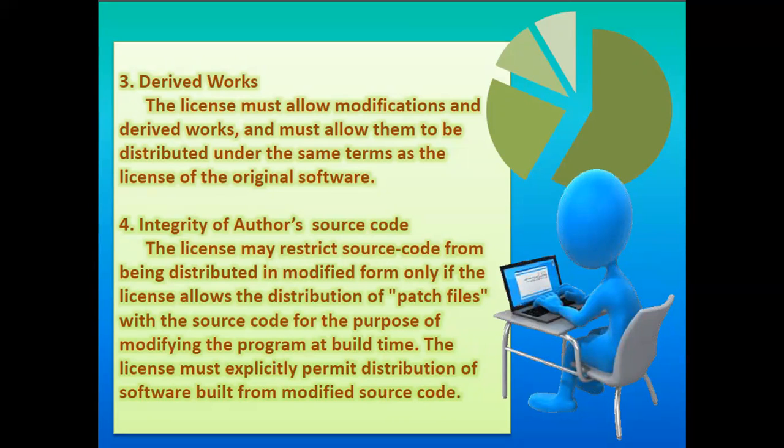So here, number four means that the source code must be restricted in modified form so that you can modify a source code based on the original form. So if it is already modified, then the modified form will be used to create modifications and to improve the software better. Okay.